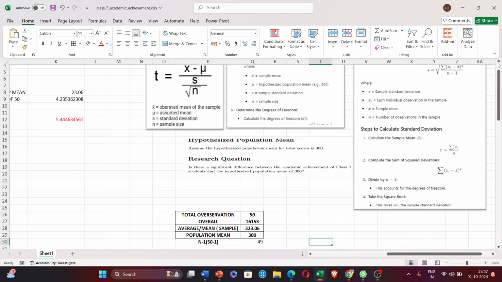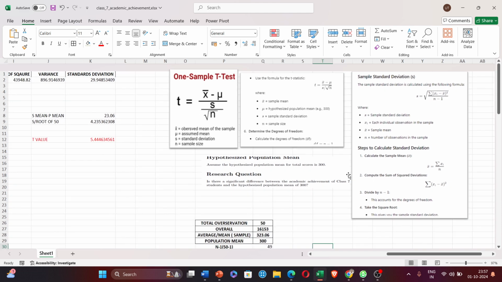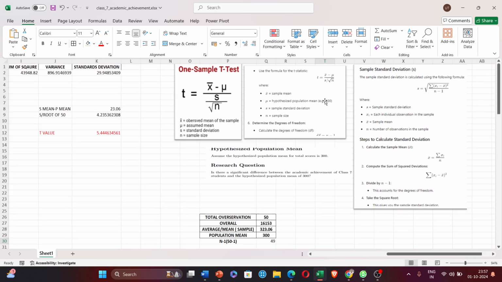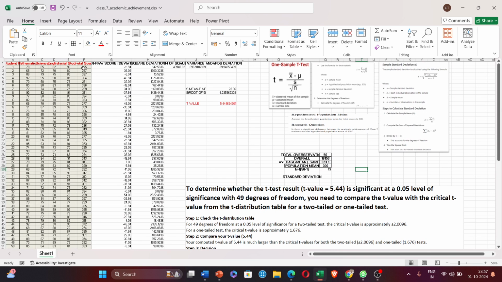The formula of the sample standard deviation is the root over the sum of raw score minus average, whole squared, divided by n minus 1. X is the raw score, the individual observation in the sample. This is the first student's score.